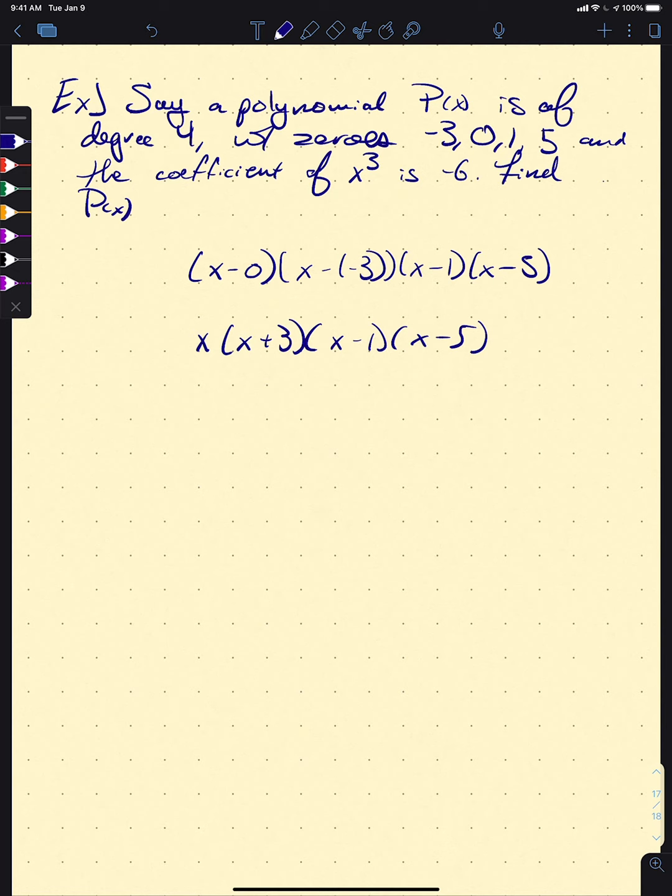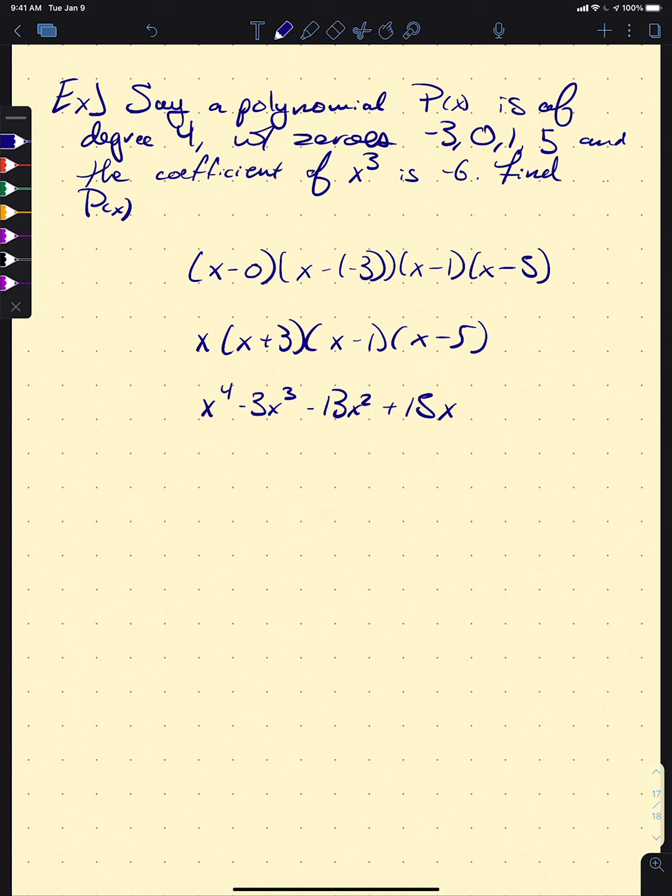In the interest of time, I'm going to tell you that this comes out to x to the 4th minus 3x cubed minus 13x squared plus 15x, okay? Definitely go and verify that yourself, but again, in the interest of time, I'll do that multiplication for you.